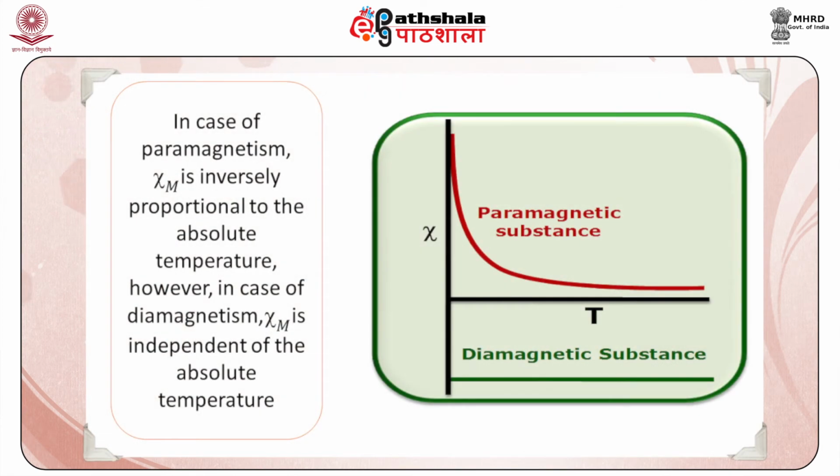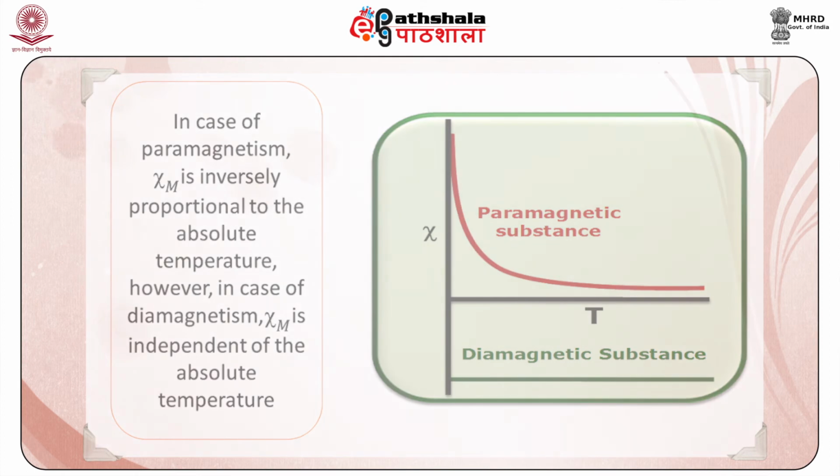In case of paramagnetism, χm is inversely proportional to the absolute temperature. However, in the case of diamagnetism, χm is independent of the absolute temperature. This theoretical prediction is fulfilled experimentally for a very large number of substances.